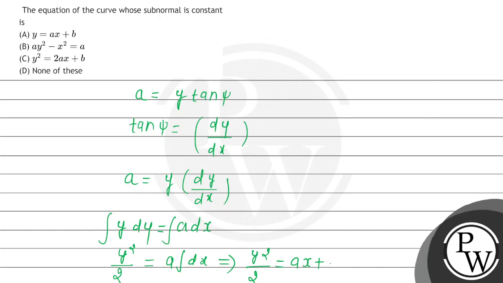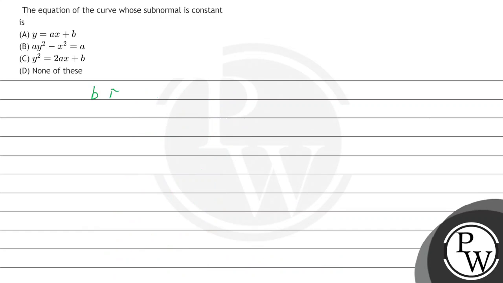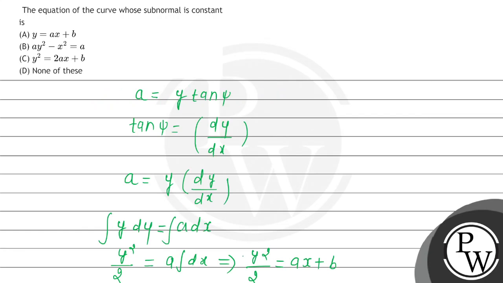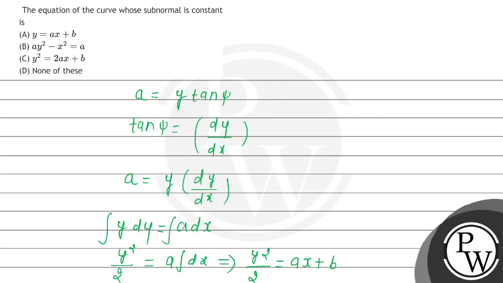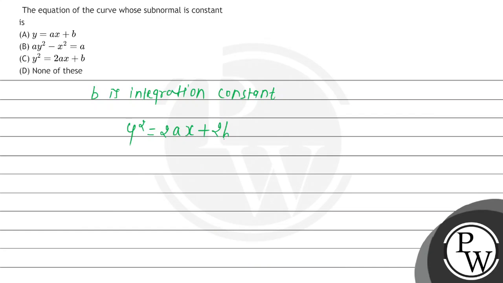And suppose now we take the integration constant as b. So we get y square is equal to 2ax plus 2b.